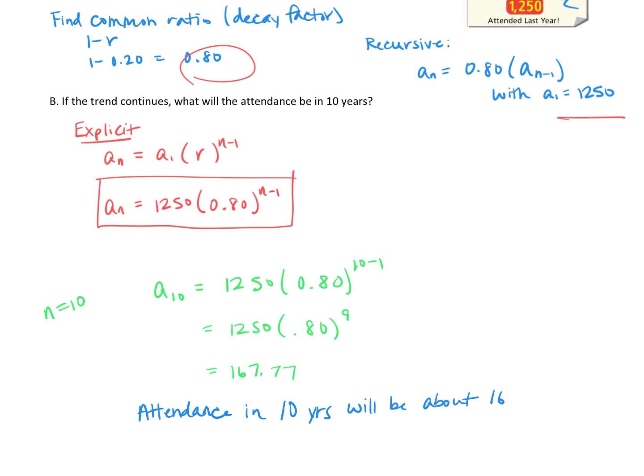Now we are going to do some rounding here because I'm not going to say 0.7 people. So we'll just round that up to 168 people. And that's what we said, about 168 people, because we did do a little bit of rounding.